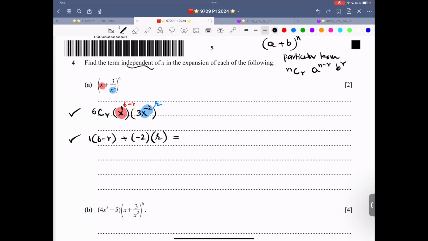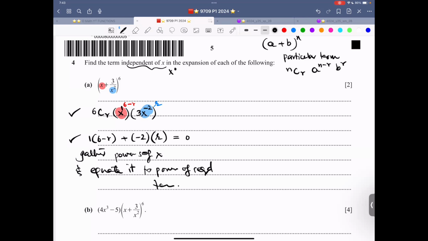So independent of x means constant term. Therefore, x has a power of 0. So equate it to 0. Gather powers of x and equate it to power of required term.